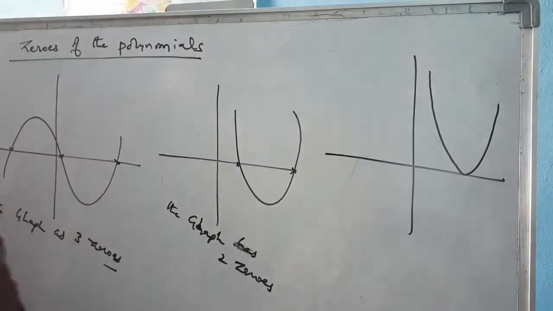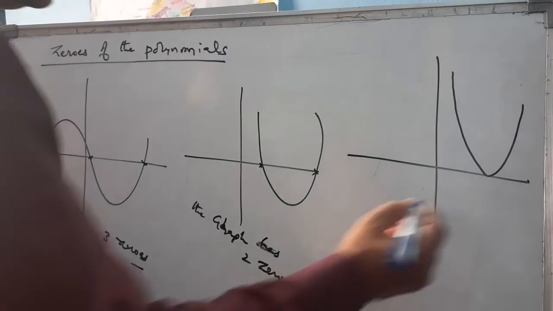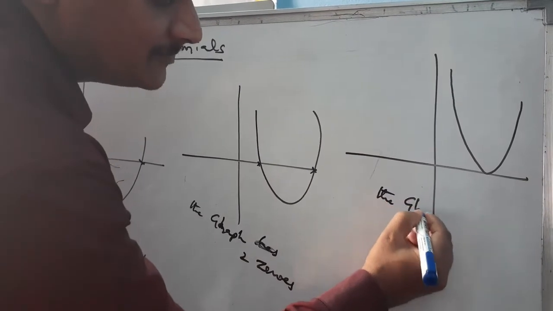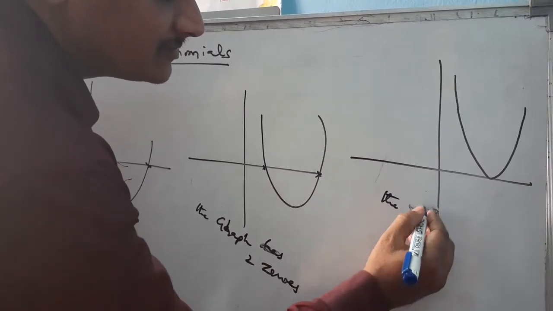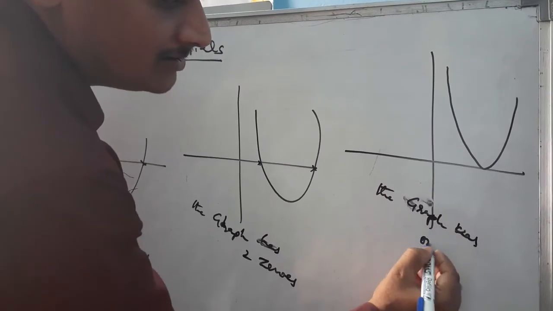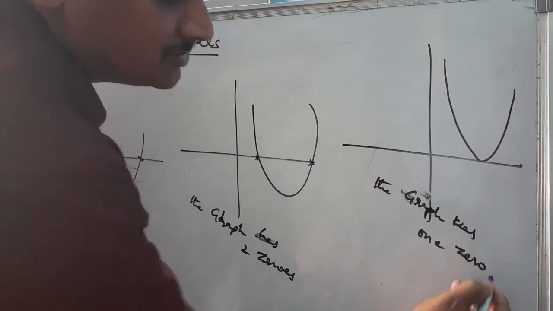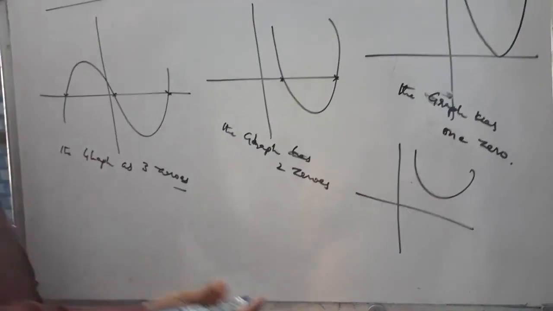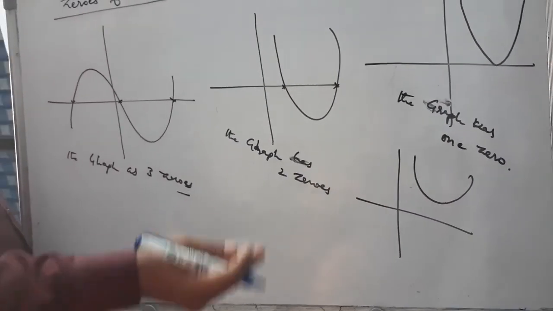If the graph touches the x-axis, then it has only one zero. If the graph is like this, it has no zeros because it does not cut the x-axis.